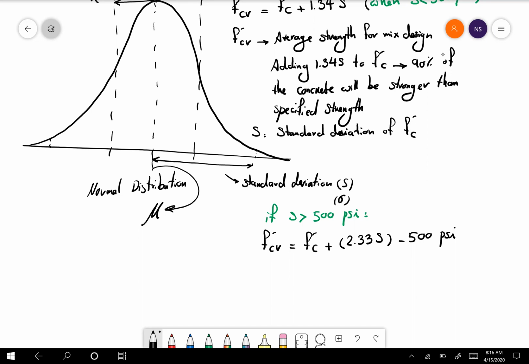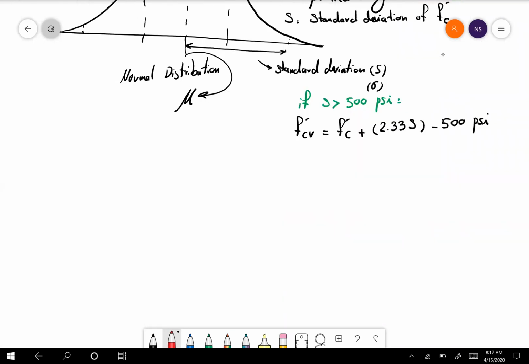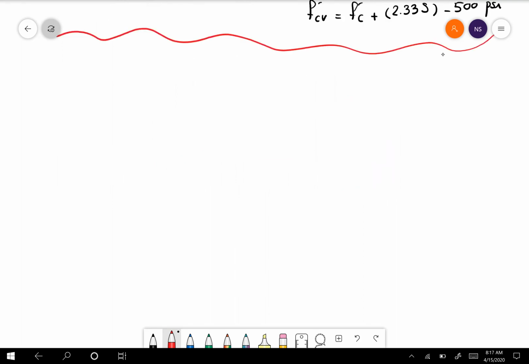Right? Okay, so that's basically the general rule to find out what is the average strength requirement based on the design strength requirement.